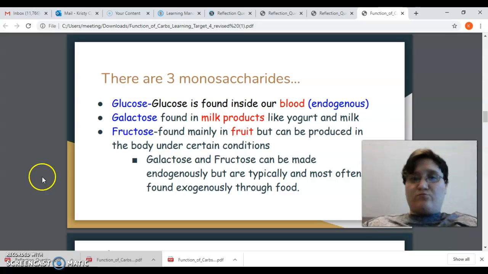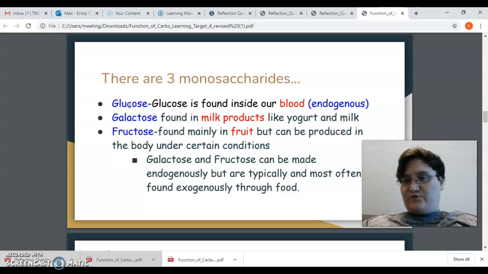Okay, we've talked about three monosaccharides so far, and I just want to review, but also this is a little bit new stuff, right? So glucose is one of the most important carbohydrates, I think, in the world for humans and other animals. The first thing I want to say here, guys, is all three of these things can be found inside our body.